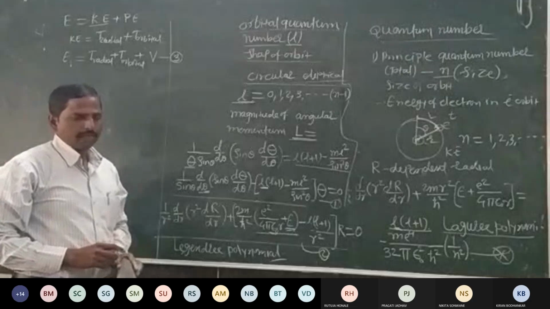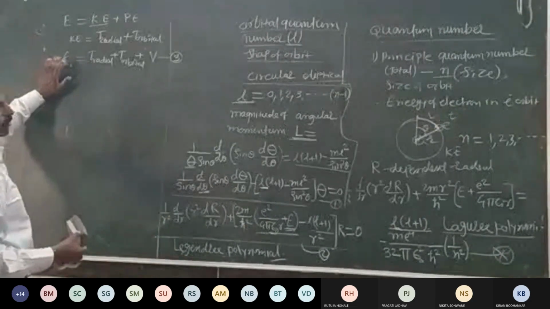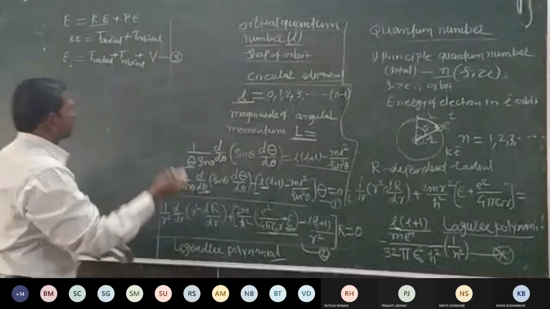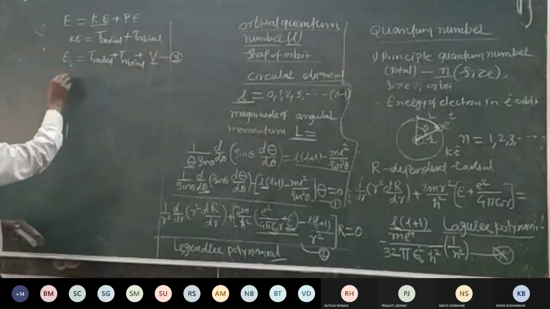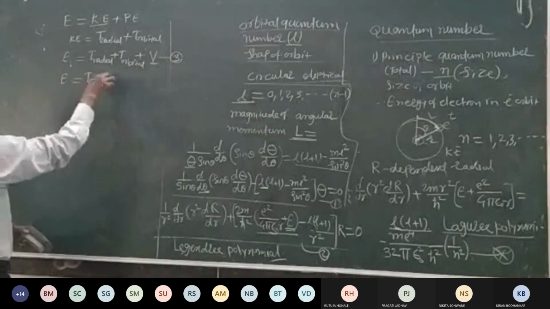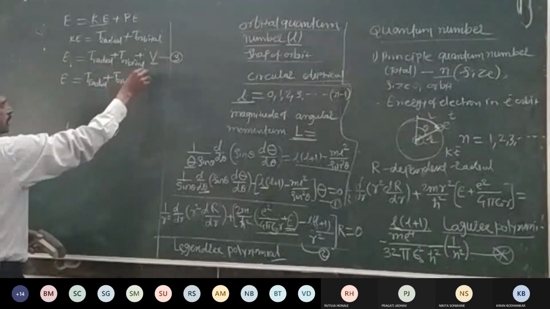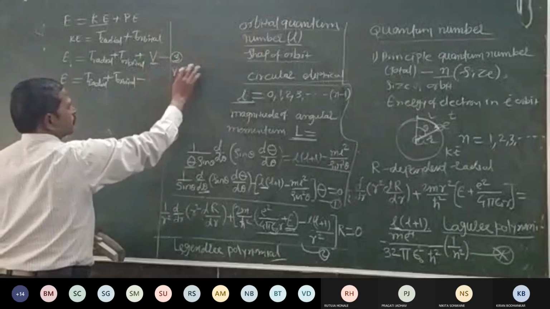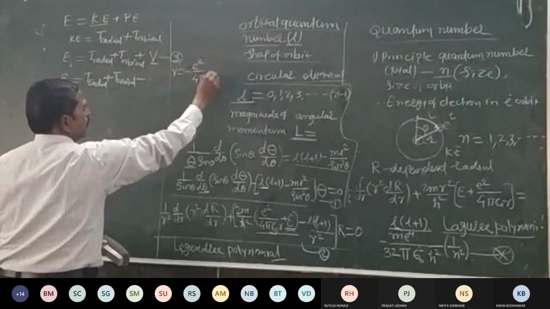Now put the value of V in E. We know E is equal to T radial plus T orbital plus V, and the value of V is equal to minus e square upon 4 pi epsilon 0 r.